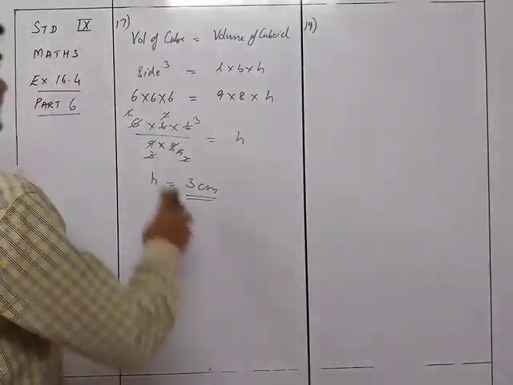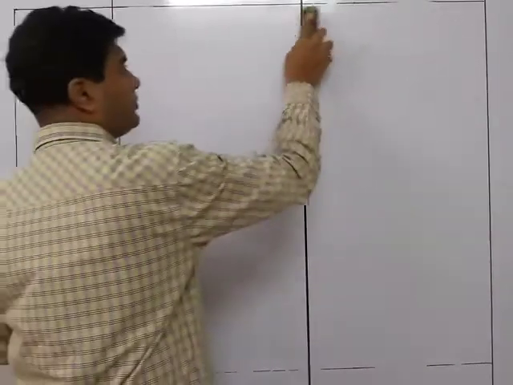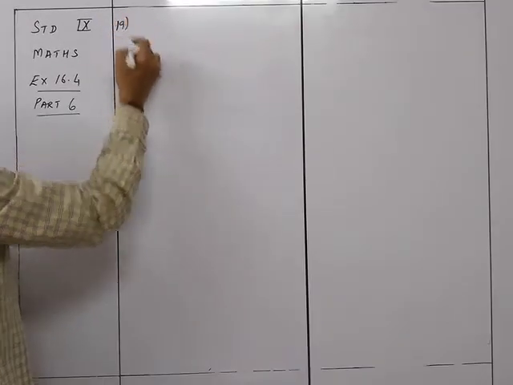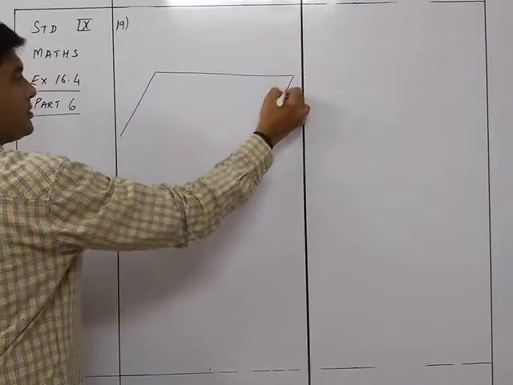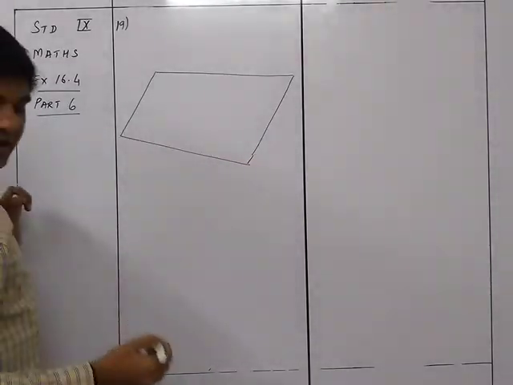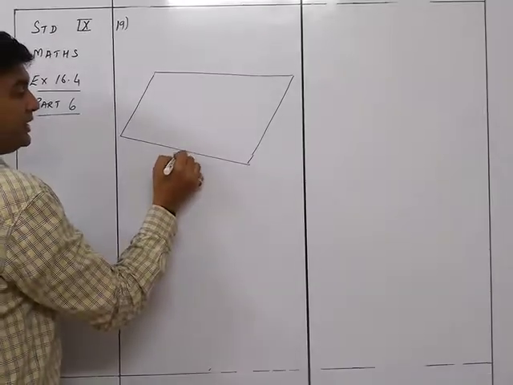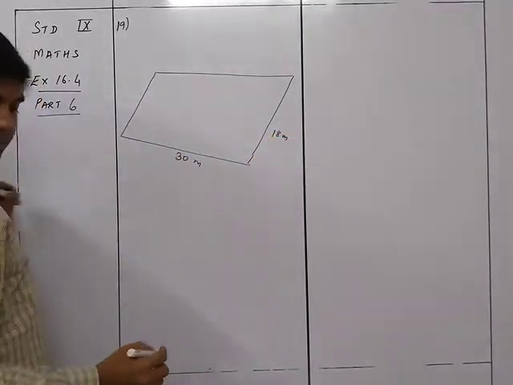Okay, let's understand this thing. This is a field. The field has a length of 30 meters and a width of 18 meters.